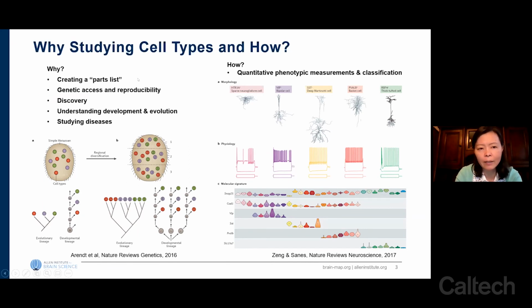We believe that in order to generate a comprehensive, unbiased parts list for the brain, we need to take a systematic and quantitative approach to profile individual cells in the brain in a quantitative manner and across different modalities.